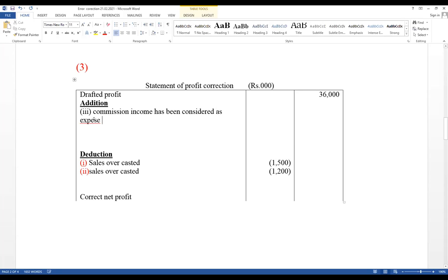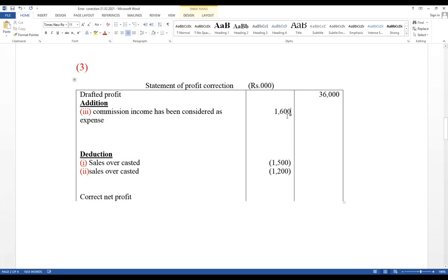It has been recorded on the debit side of the trial balance, which means it has been considered as expense. Normally, commission income should be recorded on the credit side of the trial balance, but it has been recorded on the debit side. As a result, the effect for profit decreased by 1,600. For correction, it should be added.